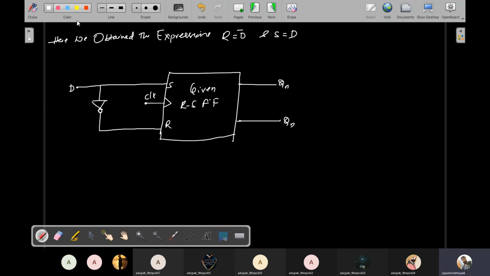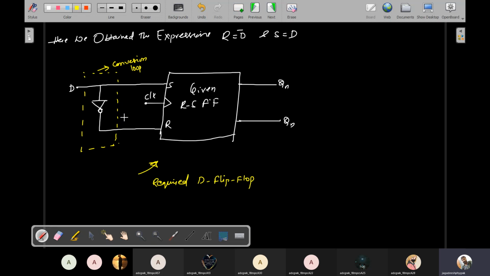This part is nothing but the conversion logic, and the entire block diagram is nothing but the required D flip-flop. I used only an RS flip-flop.